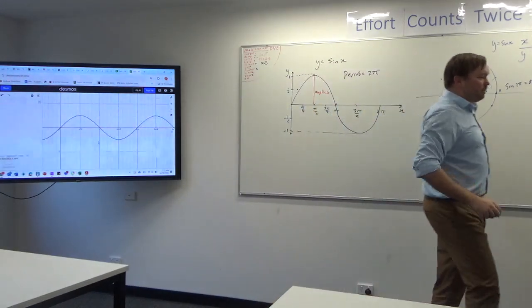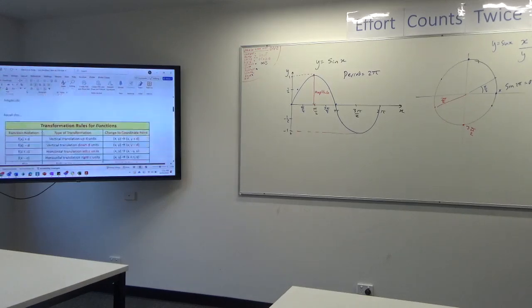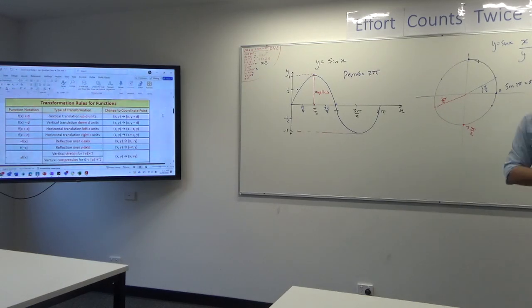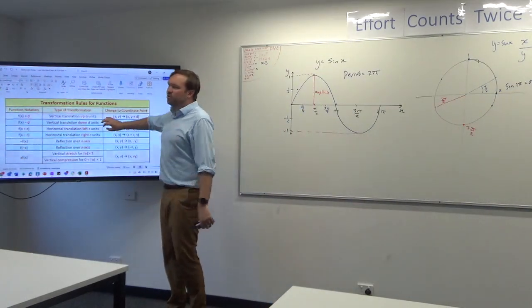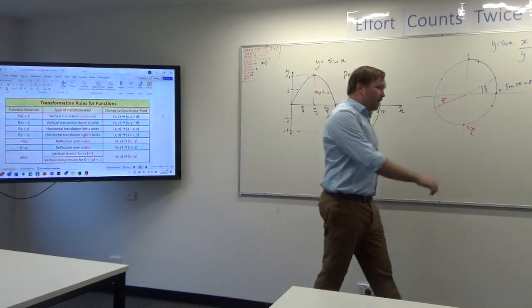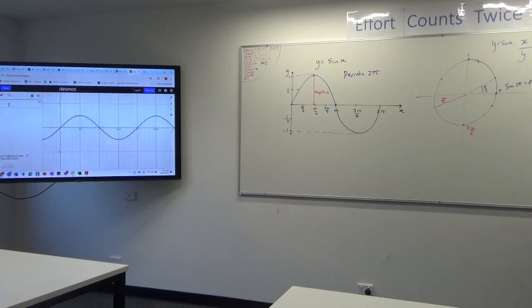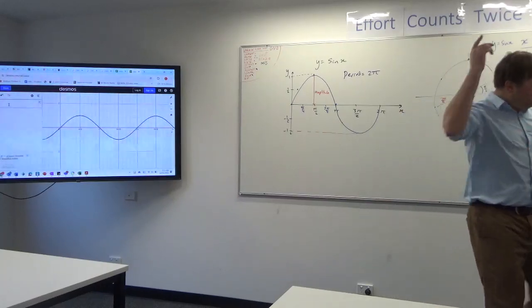Alright. Before I go further, I want to jog your memory. Remember transformations. What you learnt with transformations of other functions also works with trig functions. So, if we look at this graph here, any guesses what's going to happen if I add 1 to the end? Just do a little plus 1. Yeah? The whole thing will move up.